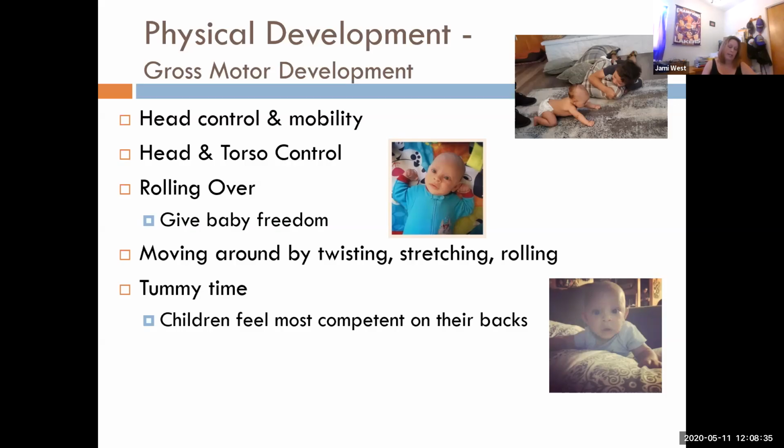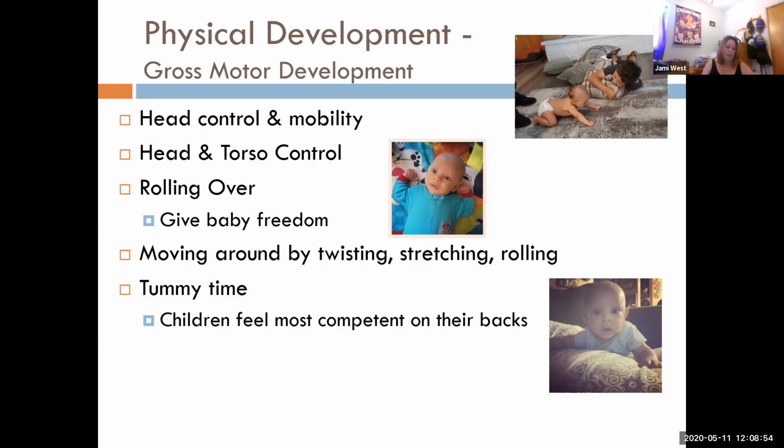It's really important that our infants are not confined in things that restrict movement for long periods of time. It affects this progression of development, okay? Infant seats, bouncers, sitting rings, boppies, okay?